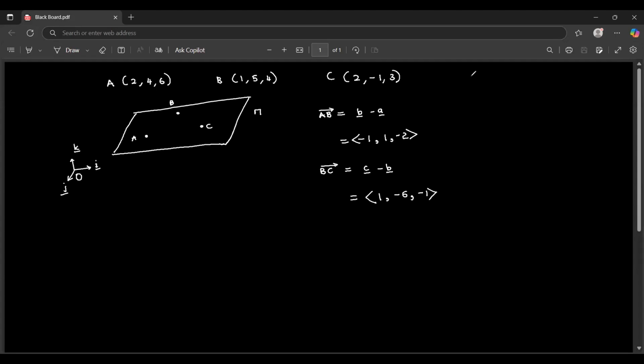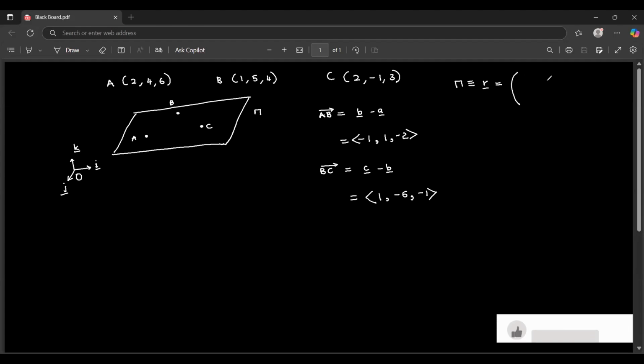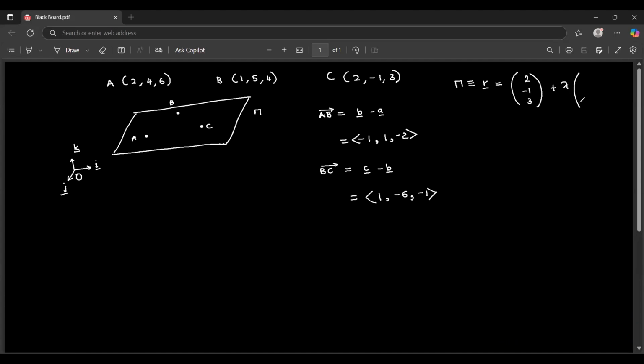So the equation phi can be given as r equals (2, 4, 6). It doesn't always have to be A. You can also write (1, 5, 4), or you can also write (2, minus 1, 3), plus lambda into (minus 1, 1, minus 2) plus mu into (1, minus 6, minus 1). So this is the practice question that you can do.